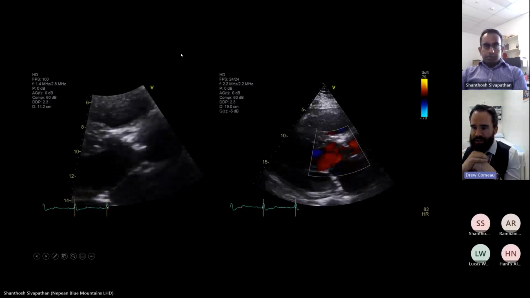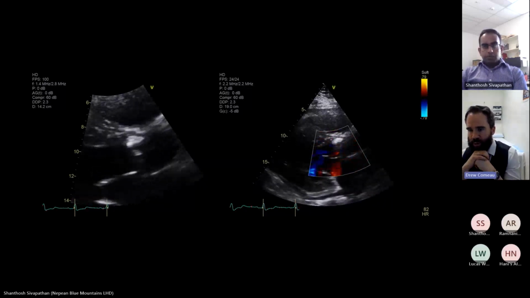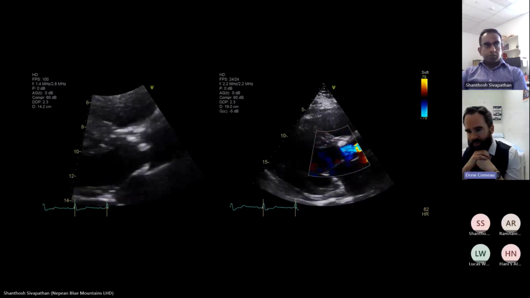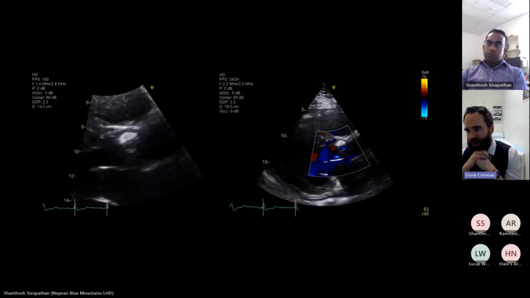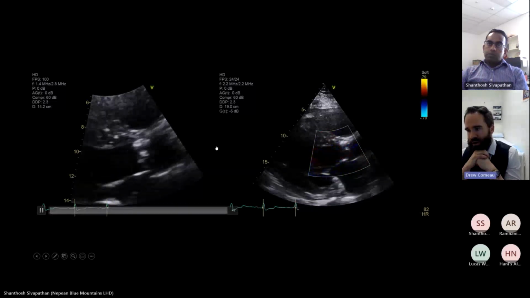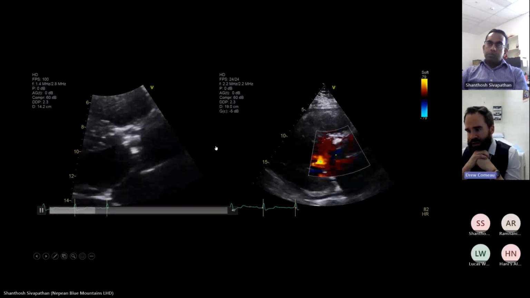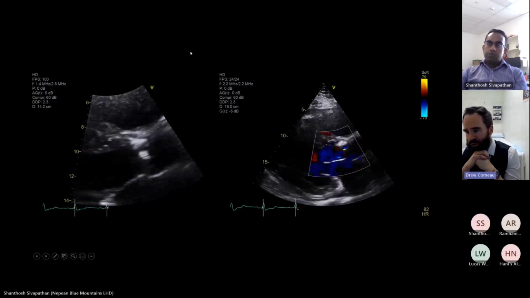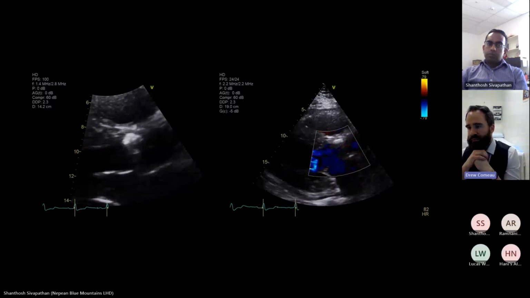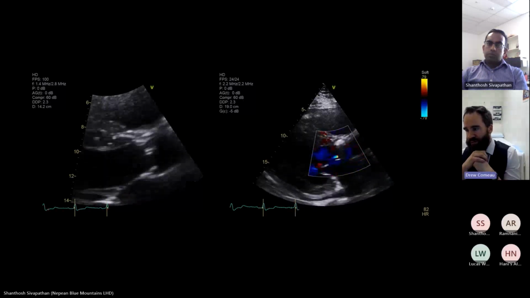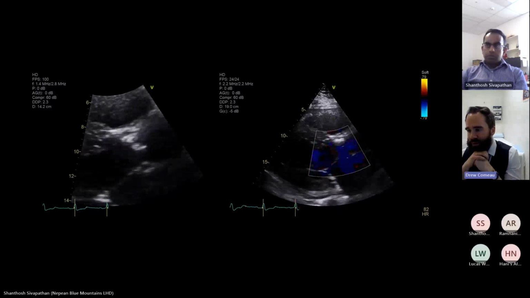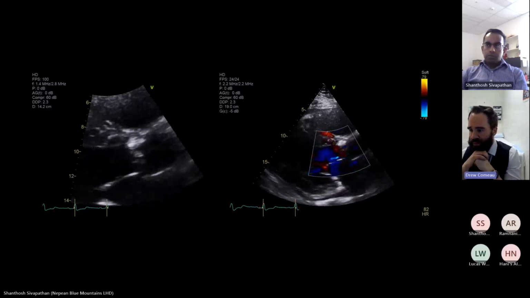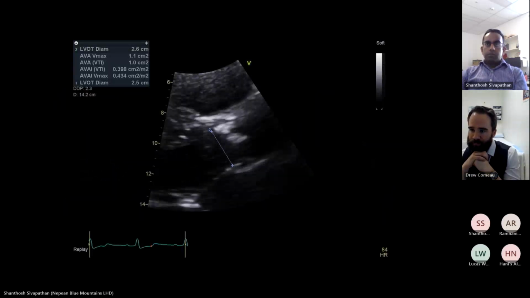I'd want to assess the ascending aorta as well. From color, I can see a trivial posteriorly directed aortic regurgitation jet. I'd further want to evaluate that, but that's not out of keeping with what can happen with a bicuspid aortic valve.